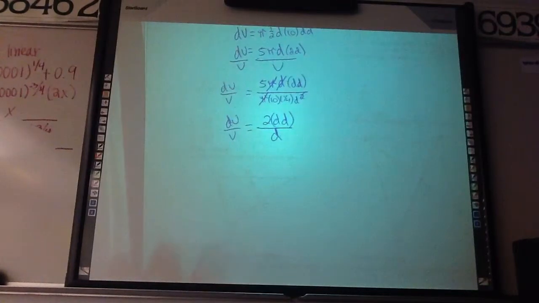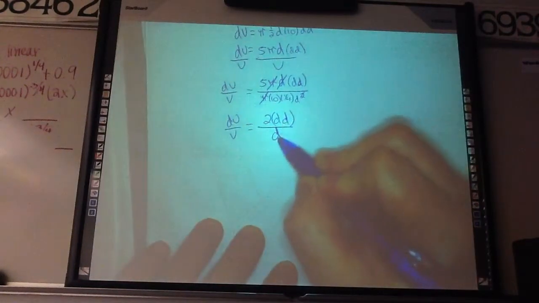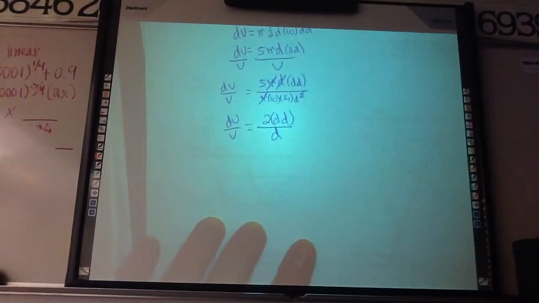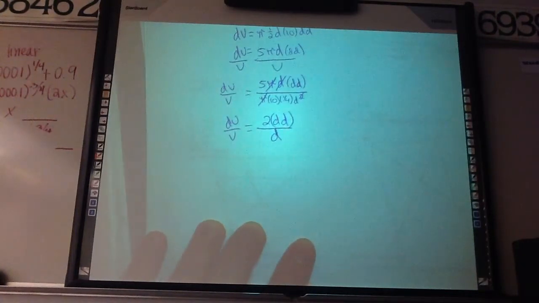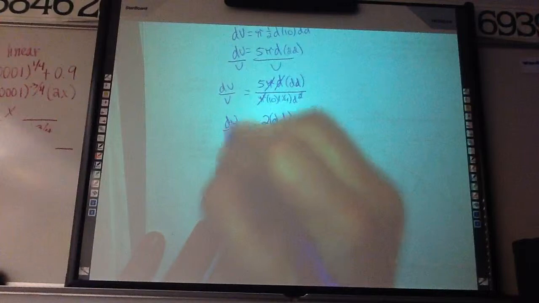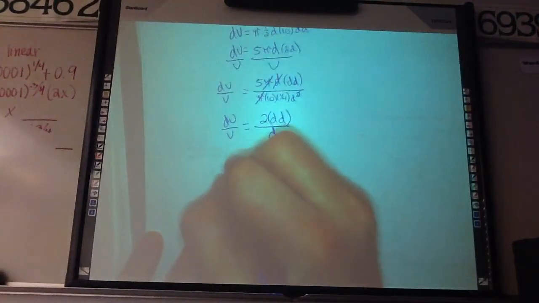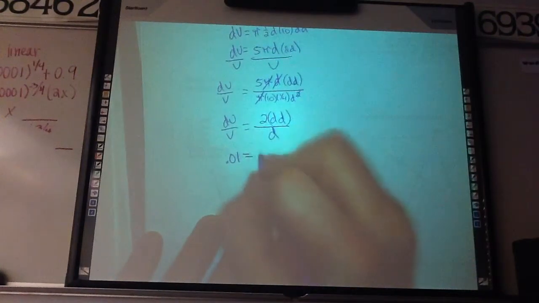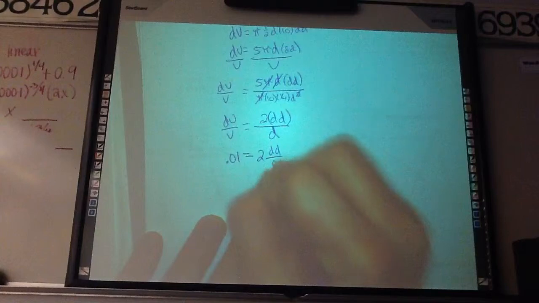Okay, this is where it gets weird. It says how accurately must you measure it? So you're trying to calculate the acceptable percent error for your diameter. You plug in the error, 0.01, for dV over V. So 0.01 equals 2 dd over d.